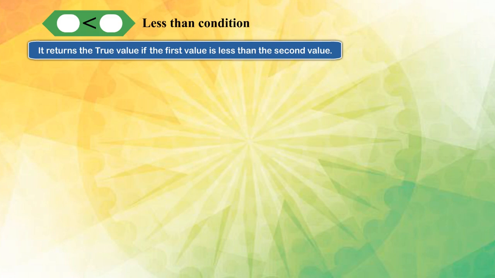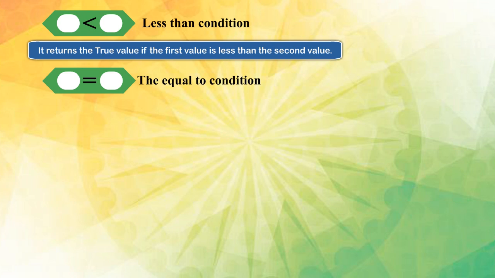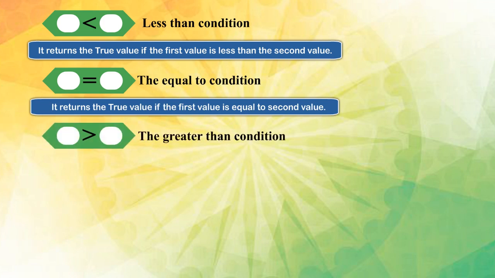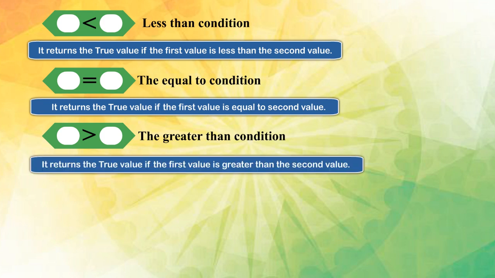It returns the true value if the first value is less than the second value. The equal to condition. It returns the true value if the first value is equal to second value. The greater than condition. It returns the true value if the first value is greater than the second value.